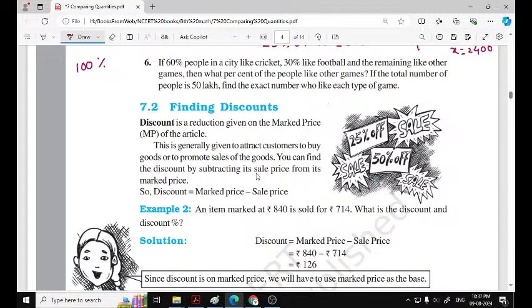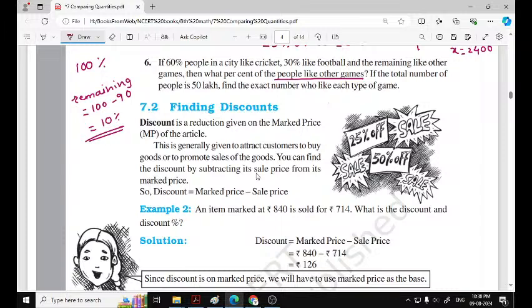So 60 like cricket, 30 like football, that total is 90%, and the remaining people are 100 minus 90, that is 10%. Then what percent of people like other games? 10% of people like other games. If the total number of people is 50 lakh, find the exact number who like each type of game.